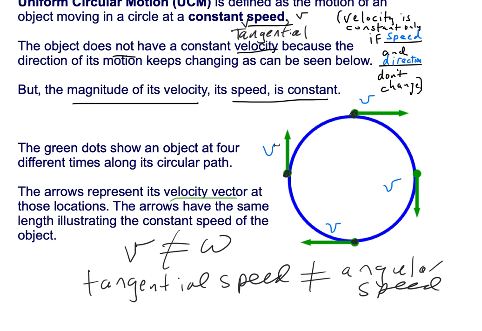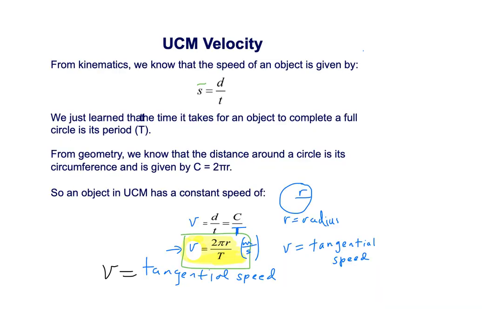When I mean tangential, it hits the circular path at one point, but is perpendicular to the radius of the circle. That's what I mean by tangent. So you know the equation: speed is distance over time.